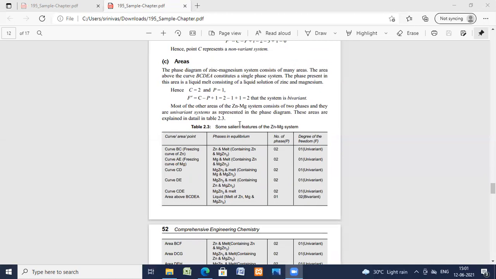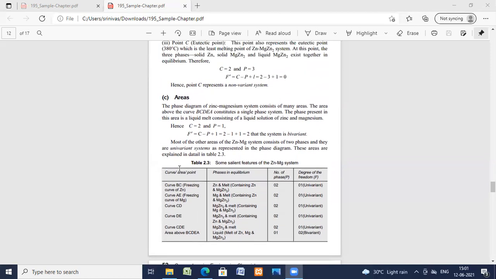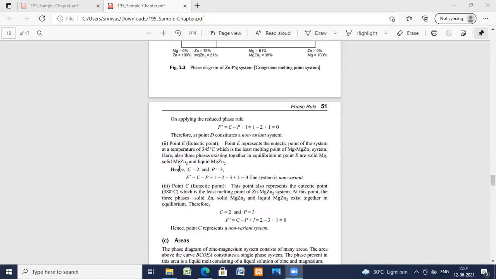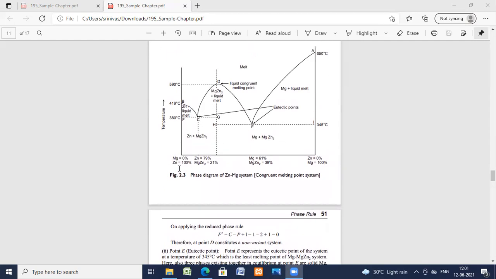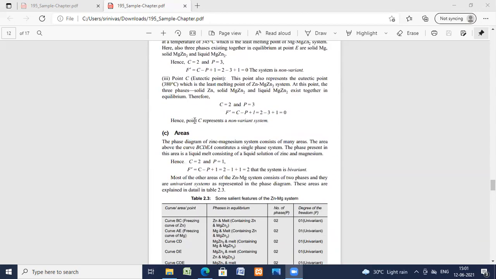Next, we'll see the next curve, curve CD. Curve CD, you are having the intermetallic compound plus liquid melt.